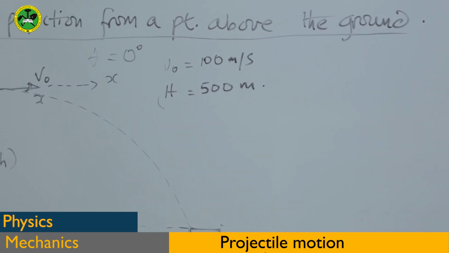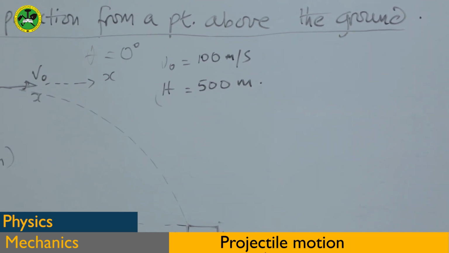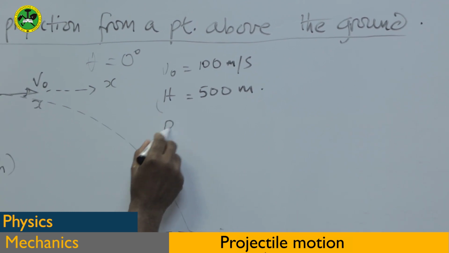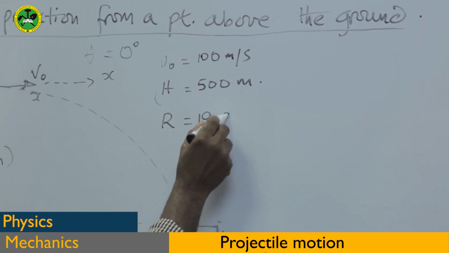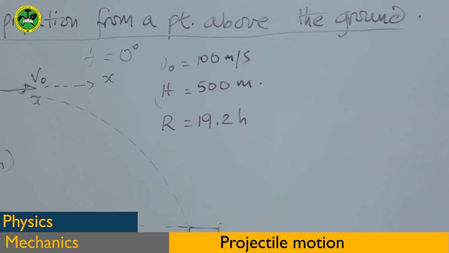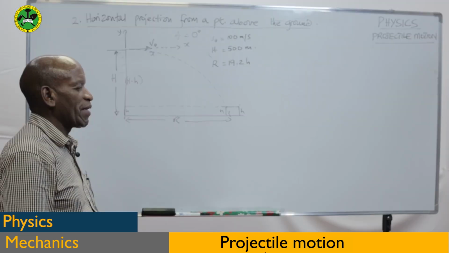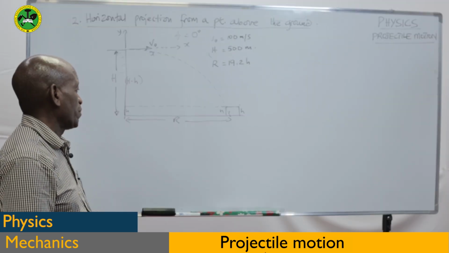And we are given that the distance covered, this r, is 19.2 times the height of the platform. These are the values which are given. So now we need to determine the time taken by the luggage to land on the platform.